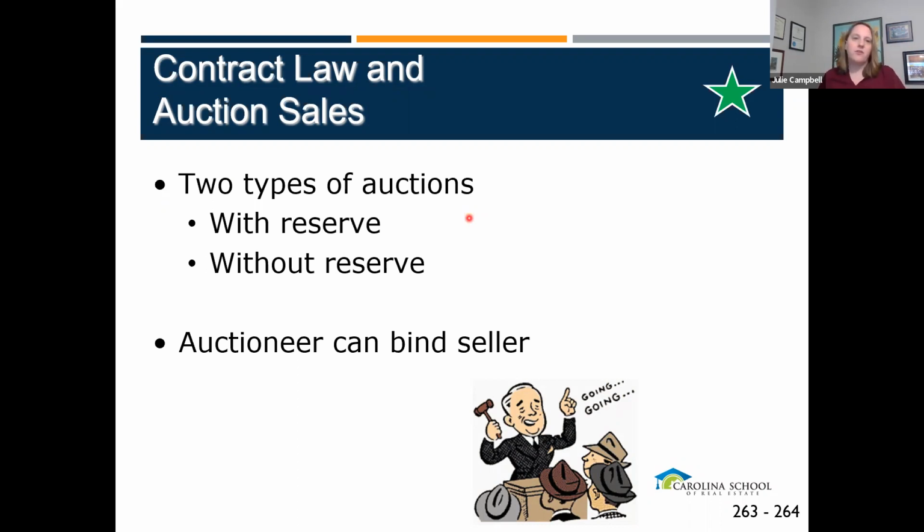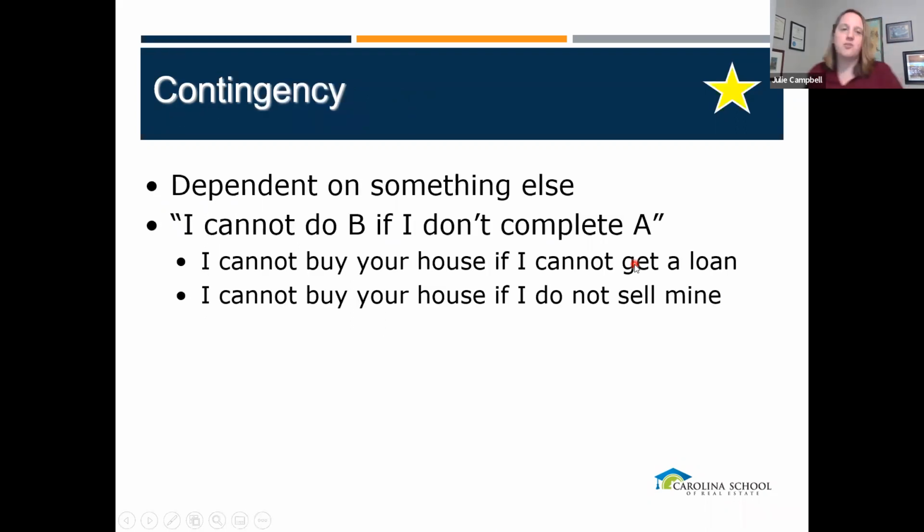I got a bonus for you guys, not found in Unit 9, but something we need to make sure we understand what the word is. So there's bonus material. And that bonus word is a contingency. A contingency says, I can't do this if I don't do that. Some examples of contingency say, I can't buy your house if I don't get loan approval.